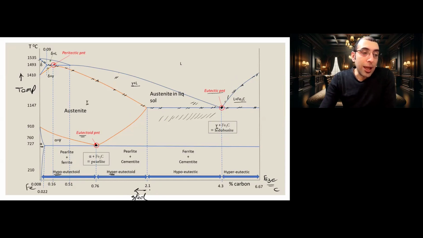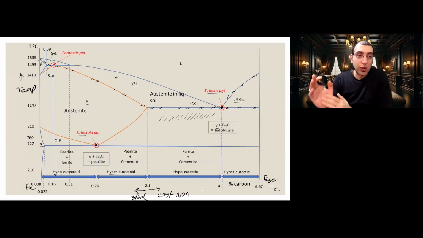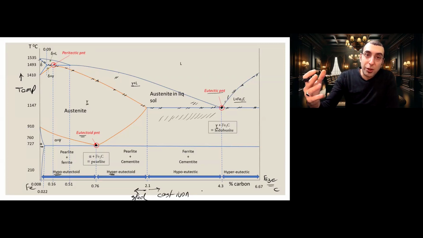And any iron carbon alloy that has more carbon than 2.1%, we call cast iron. So this is the borderline between what we call cast iron and what we call steel. So any iron carbon alloy that has a carbon composition lower than 2.1 we call steel.